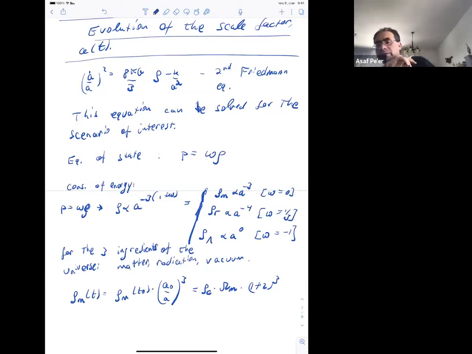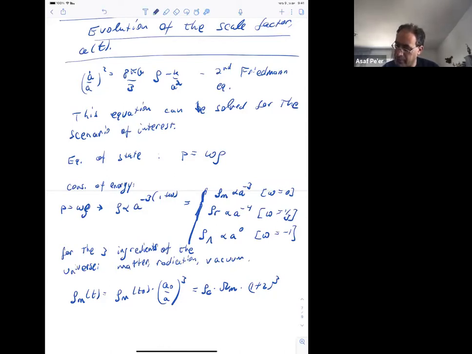Since rho changes, I'm interested in the way that rho changes with time. So I'm looking at rho matter as a function of time. It's rho matter today, and since it is proportional to a to the -3, it's just a0 over a to the power 3. But rho matter I can write as rho critical times omega matter, which was the definition of omega matter, and a0 over a is just 1 plus z. So just (1 plus z) cubed.